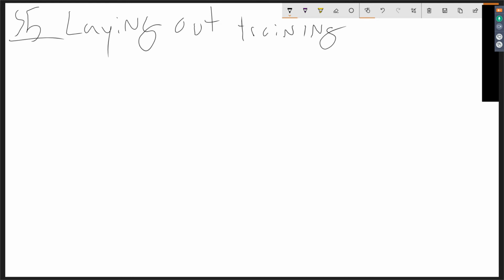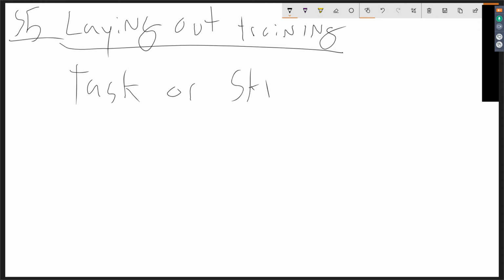If you're part of a system integrator, or maybe you're a smaller or medium-sized group, and you don't have a formal training plan, then you're really going to want to pay attention to this, because this is going to help you start that. The first decision you need to make is, do you want to do task or skill-based training? And at first glance, those may sound like the same thing.